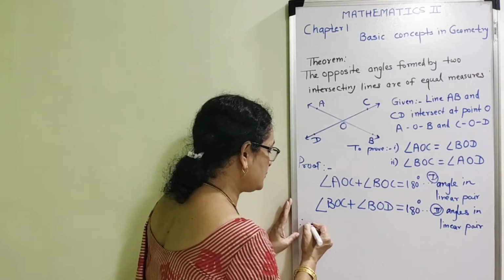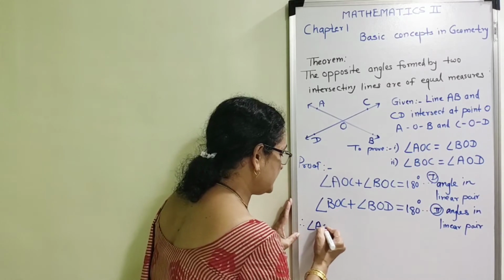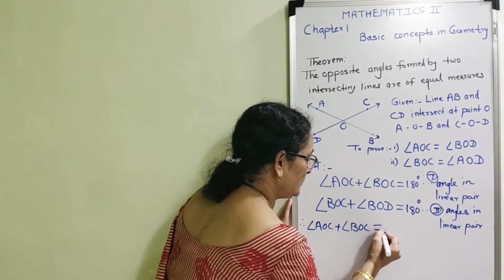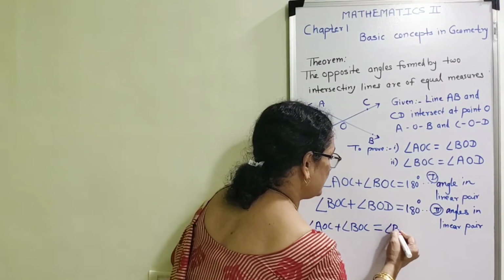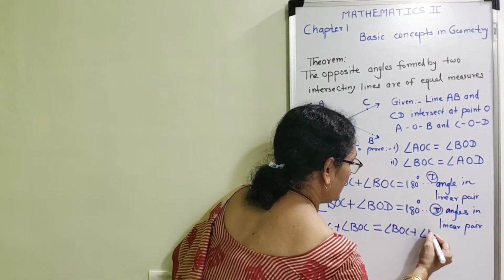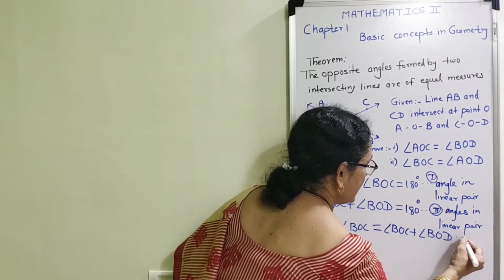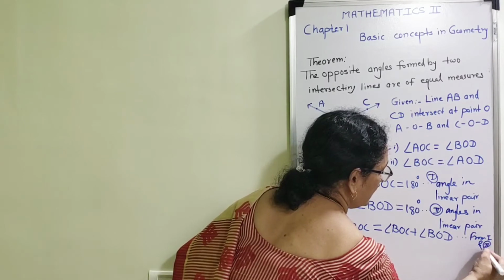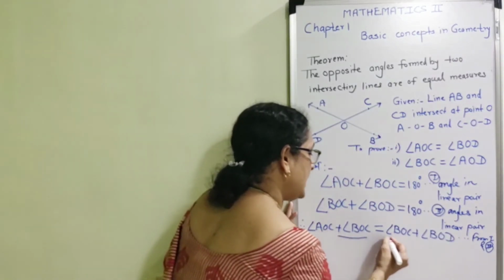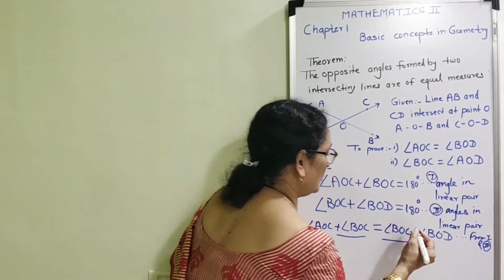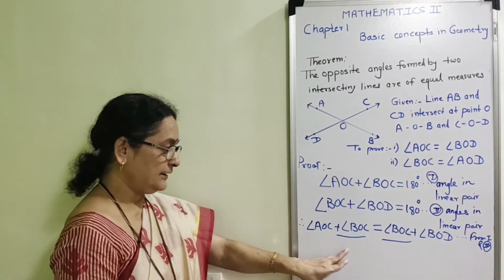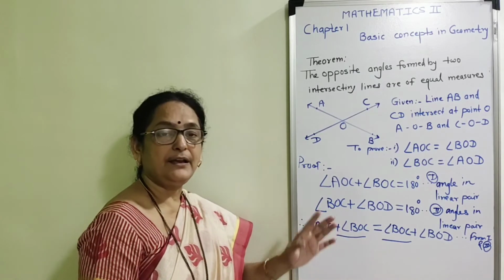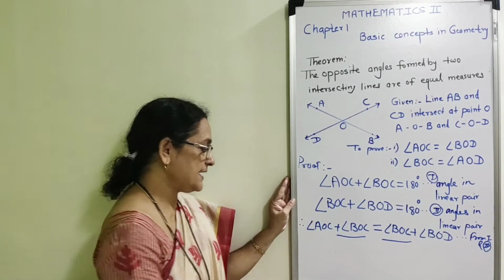Therefore, from 1 and 2, I get angle AOC plus angle BOC is equal to angle BOC plus angle BOD. Observe this, from 1 and 2. In this expression, angle BOC is common on both sides. I have underlined it. Since it is common and equal, it gets eliminated from both sides.